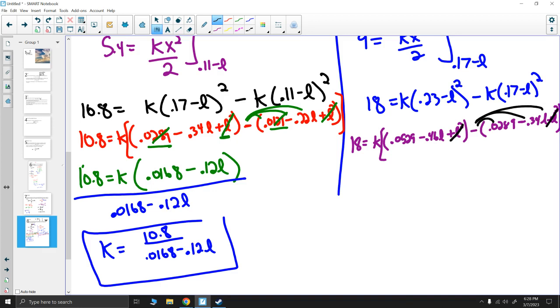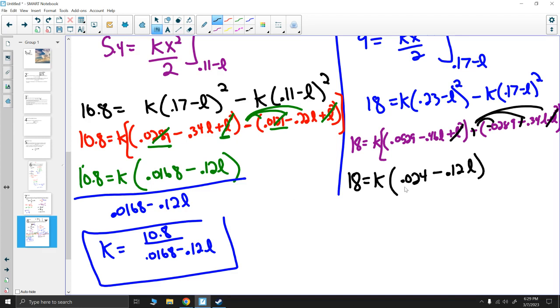Let's take a look at 0.0529 minus 0.0289. So we end up with 18 is equal to k times 0.024, and then we have plus, okay, so this is negative 0.46 plus 0.34. That's going to be minus 0.12L.